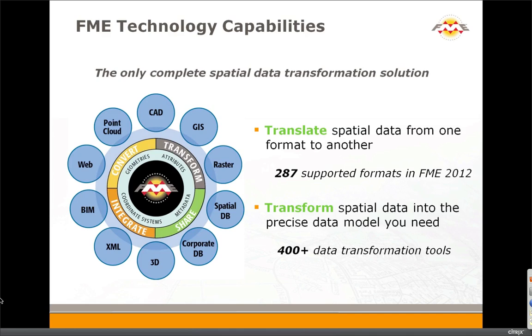And then over time, we've been adding different spatial data types to FME: Raster, 3D, XML, and web-based formats, and more recently, point cloud. And within that arena, we've also been adding a wide range of transformation tools to help move the data between the different spatial contexts of the data formats that we support.